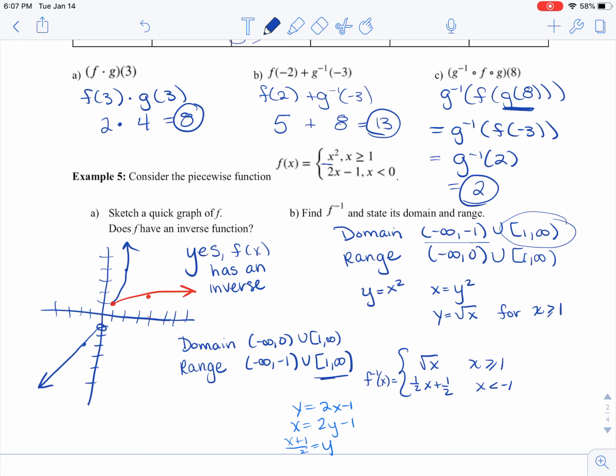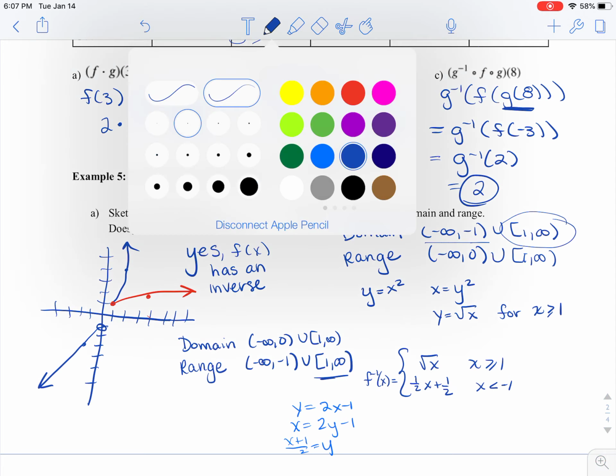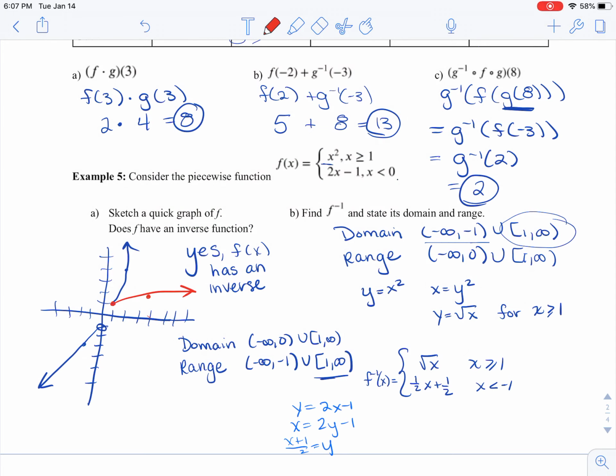So here, let's just, at -1, that would be 0, right? So we would get an open dot here. And then if we think of going down 1 and over 2, right? That, my slope isn't right at all, is it?